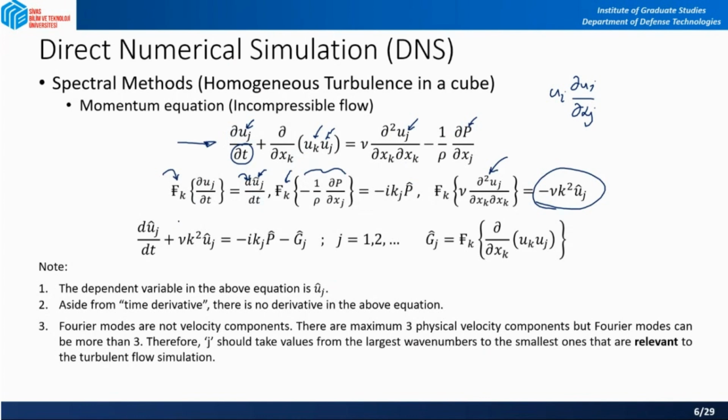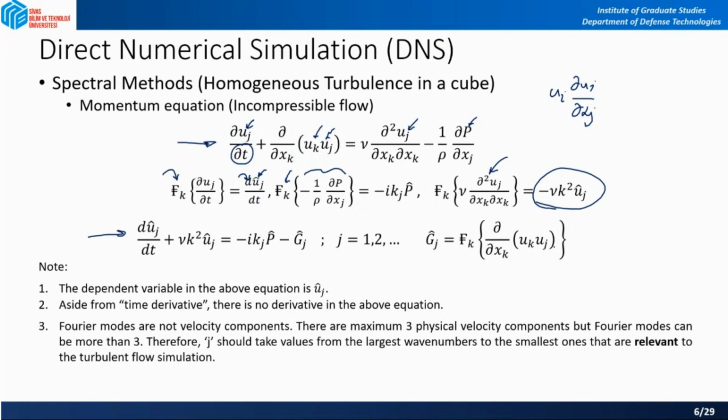The nonlinear term uk uj will be discussed shortly. Except for the nonlinear term, we can put all the terms together and write it like this: d u hat dt plus nu k squared u hat is equal to minus i k p hat minus g hat.